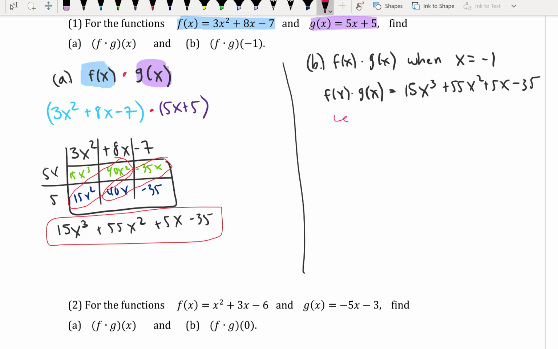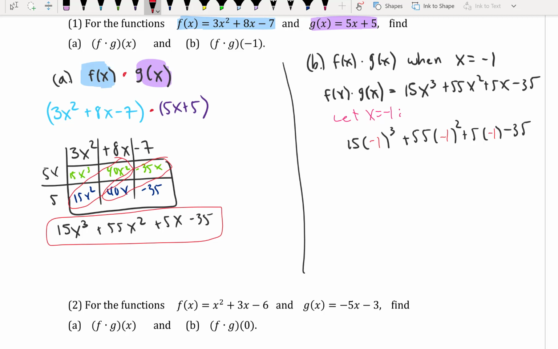So now, if we let x equal -1, I am going to get 15x to the third power plus 55x squared plus 5x minus 35, and I'm plugging in a -1.